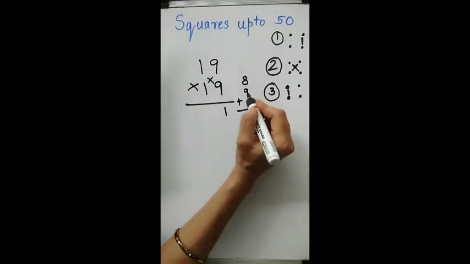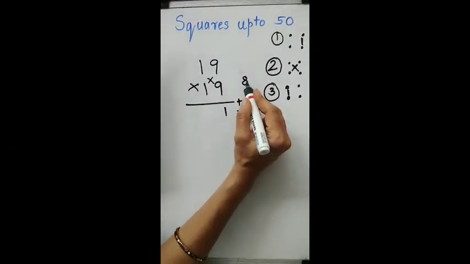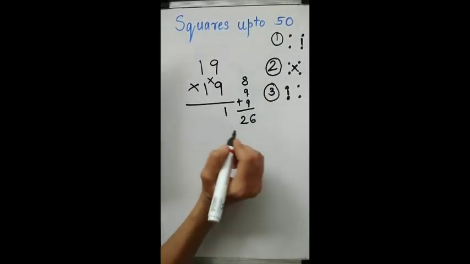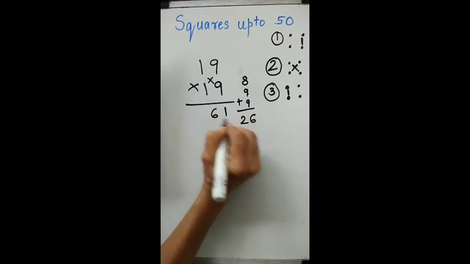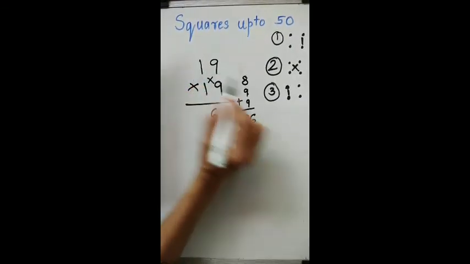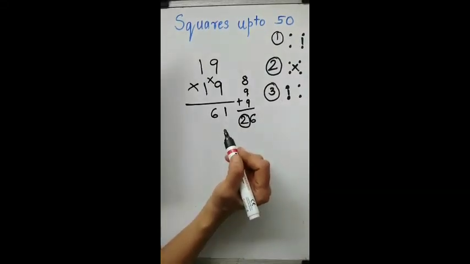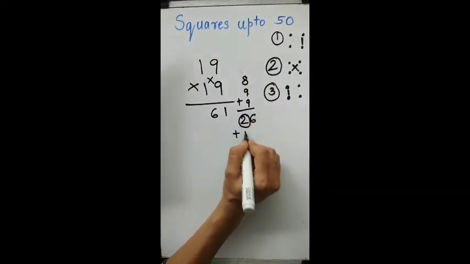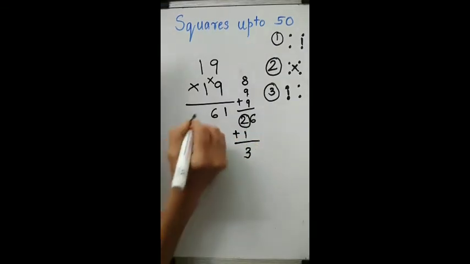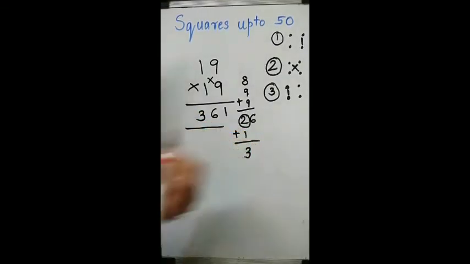So 9 and 9 is 18, 18 and 8 is 26. I write 6, 2 is carried. Now 1 one is 1. That is my tens number, and so it gets added to 2. So 2 and 1 is 3. So my answer is 361. Okay. So square of 19 is 361.